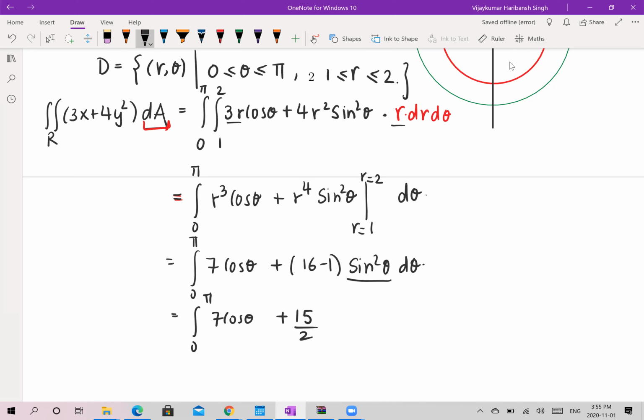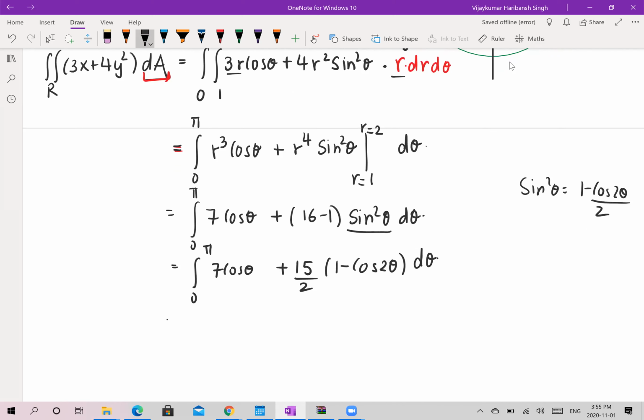I'm going to convert this using the double angle identity. So note that sine square theta is 1 minus cos 2 theta divided by 2. So this is going to be 1 minus cos 2 theta, divided by 2, which went here, d theta.